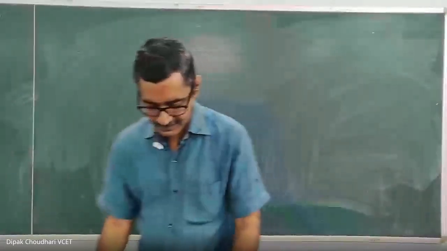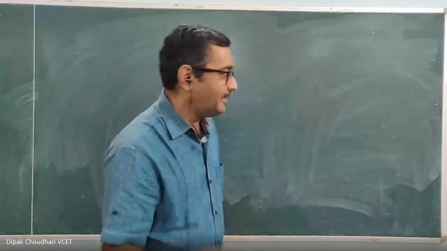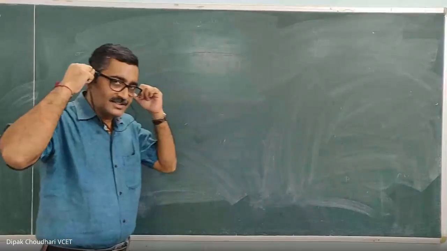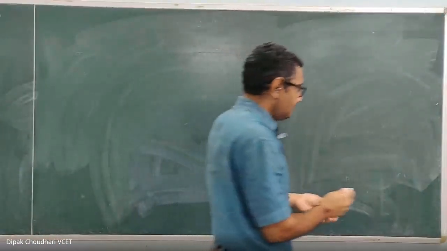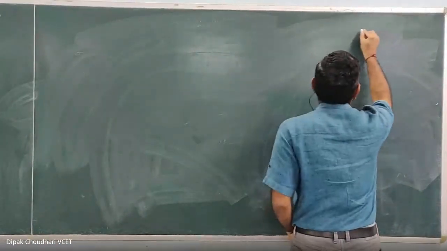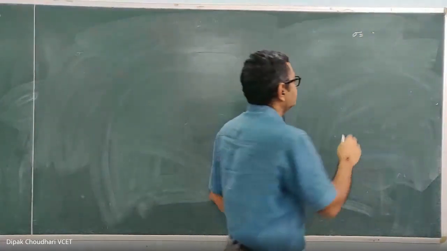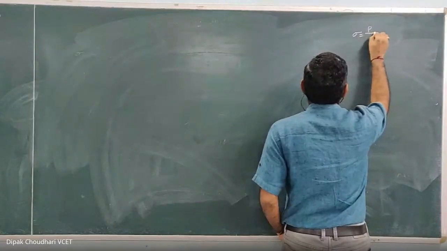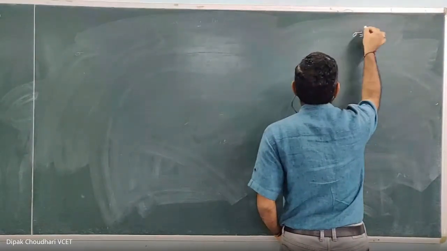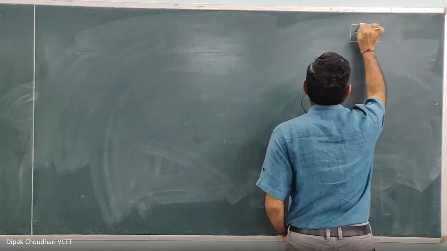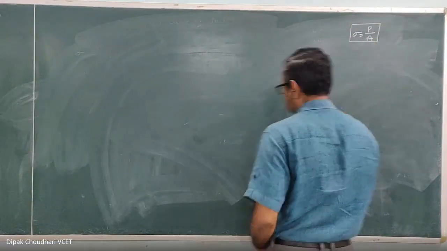After the elementary introduction about stress and strain and about the subject strength of material, we have studied that stress is the internal resisting force per unit area, and it is calculated by the external applied force upon the resisting area, which is the cross-sectional area.